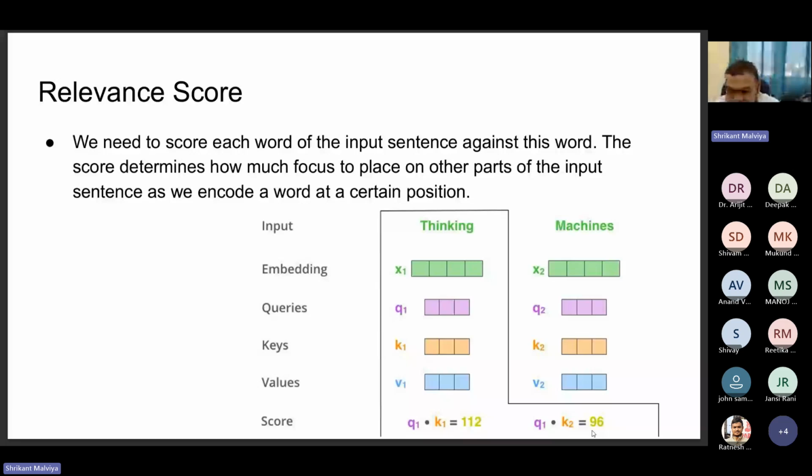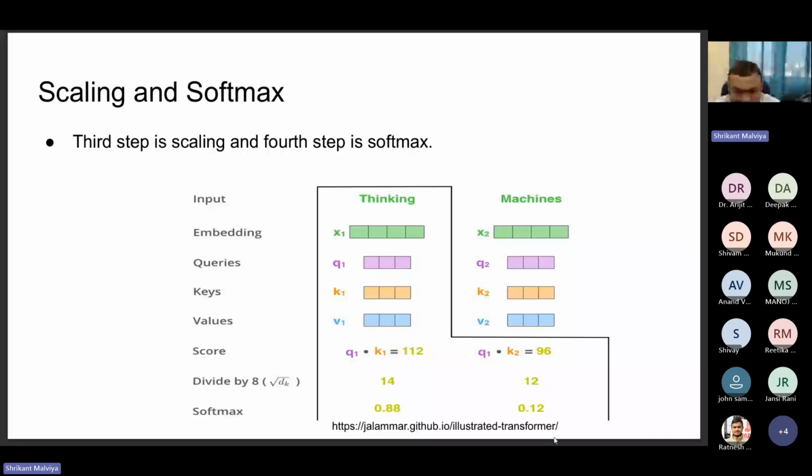We first divide it to normalize, and then apply the softmax. You can do the calculation and see whether the numbers are correct, but I'm sure they are. After applying the softmax, you will find that the current word is dependent on itself by 0.88 and dependent on machines by 0.12.